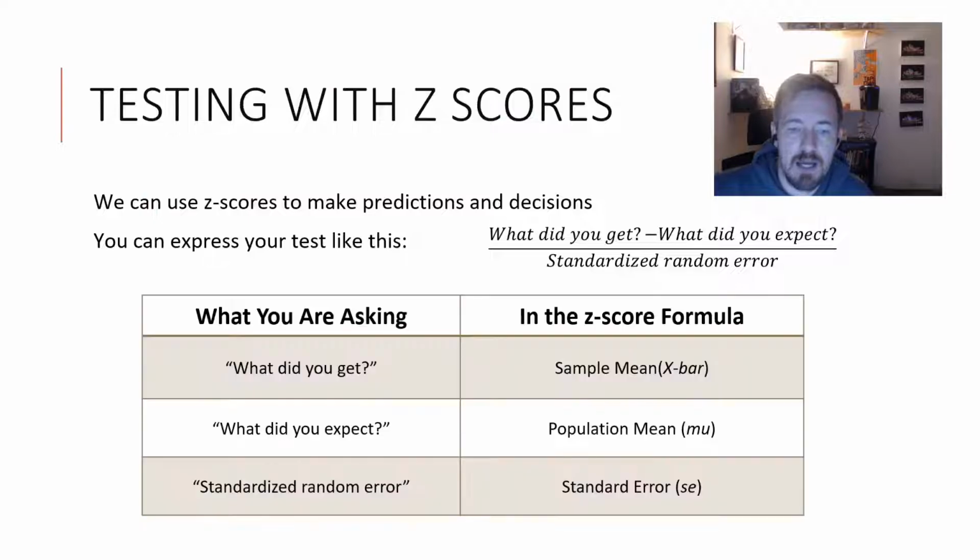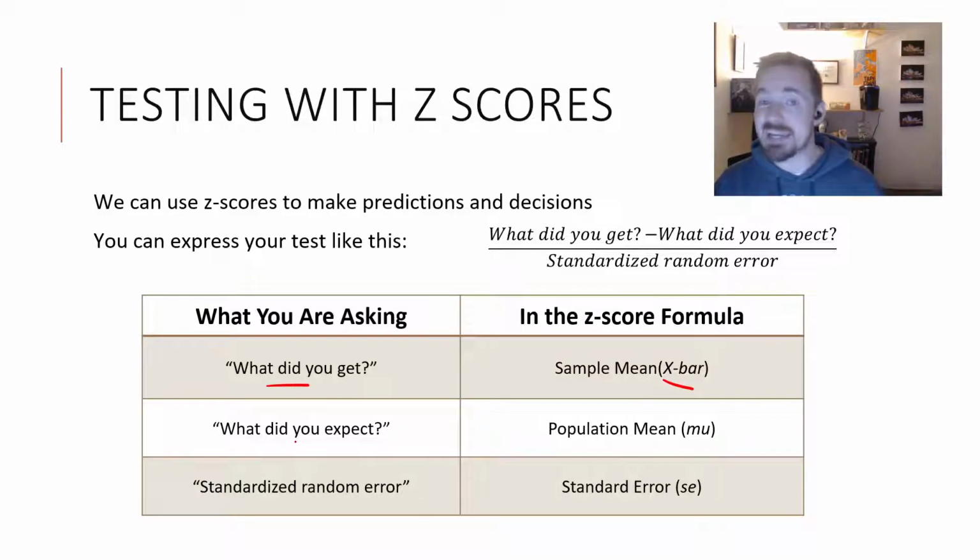All right. And this is the last slide I'm going to talk about before I take a break and do a second video to talk about where we find those probabilities. So here's ultimately what we want to know when we are doing a hypothesis test. We are going to be looking at what we got in our data. That's going to be X bar, the sample mean, what we got in our sample collection.